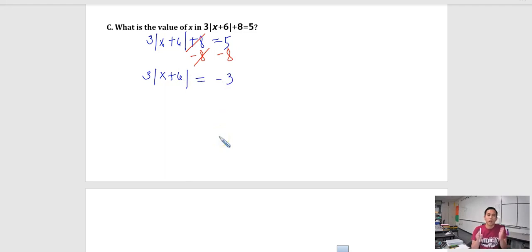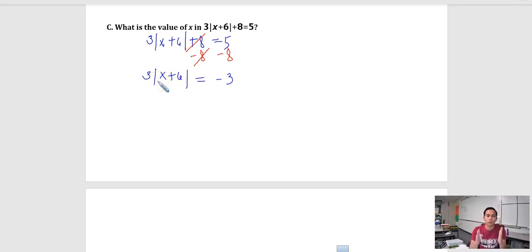Now, your absolute value is considered to be as one group, all right? The common error here, most students, they do distributive property here. So please do not do that. Do not distribute your 3 here because, again, they are not multiplying.